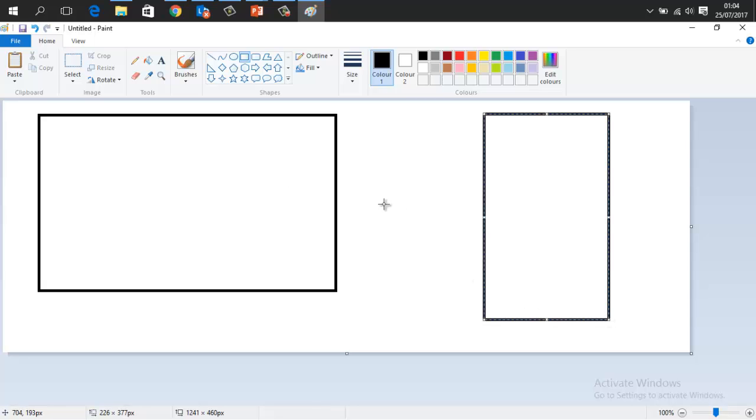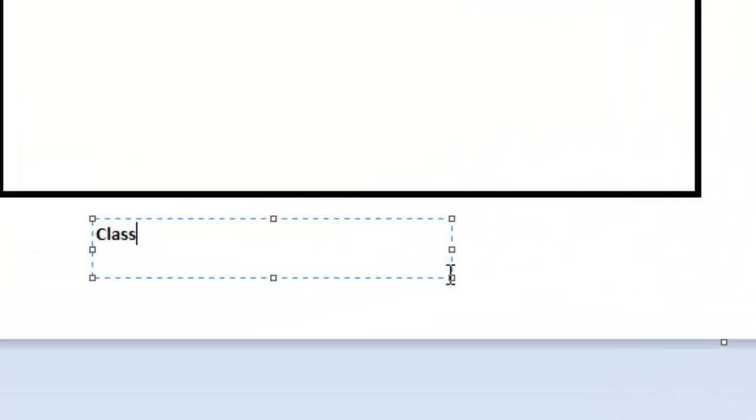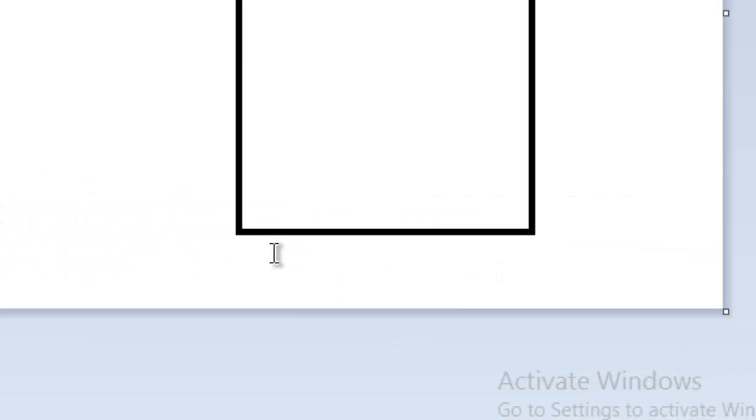We will map these two classes for our understanding. So this is a class in our real world. This is a class in Java. The name of the class is Student, right?